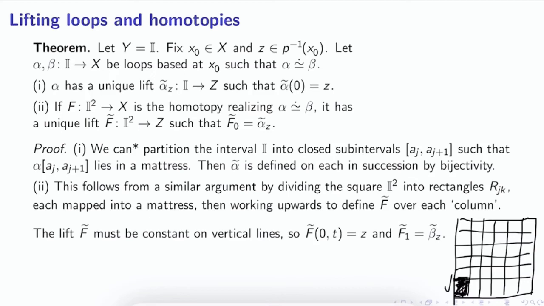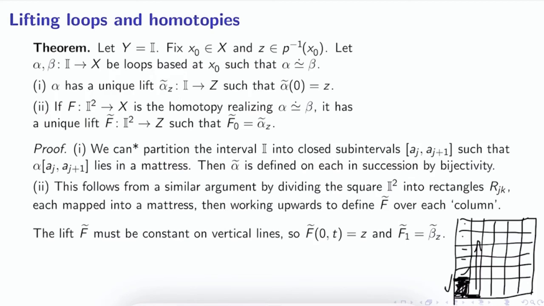And then when we're done with that, we can go across here to the next one. We can lift one column at a time. So that explains how we can lift our homotopy. Again, we need a Lebesgue number of a cover, but that's a technical point which I'll gloss over. We can certainly lift our homotopy capital F.